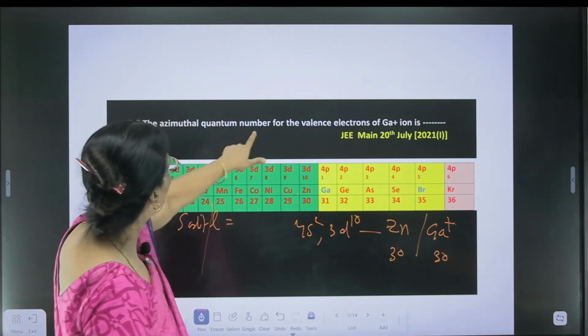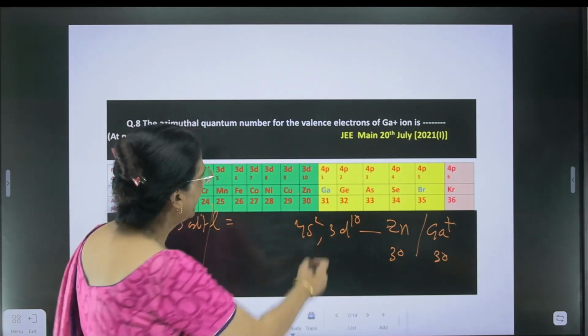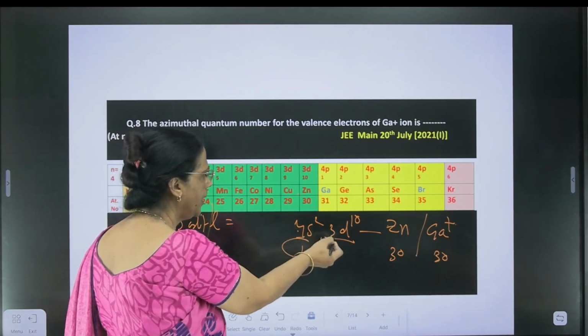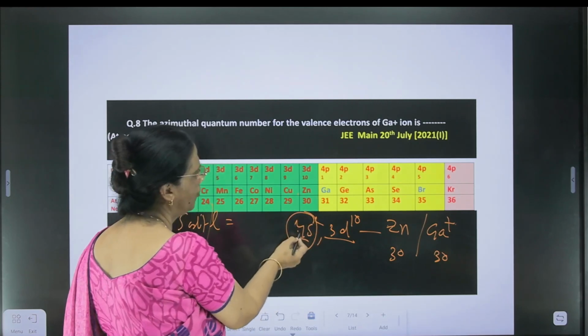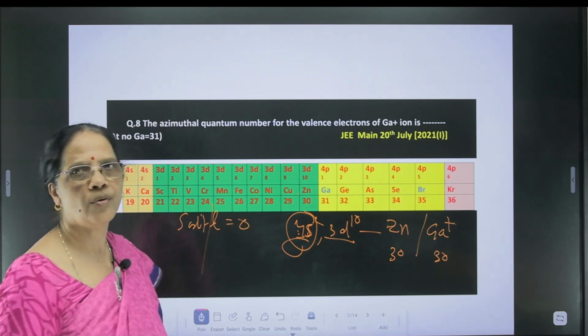Now the azimuthal quantum number for the valence, outermost electron: out of these, the outermost is 4s, because this is 4, this is 3. So the outermost electron is 4s, and for s the l value will be 0.